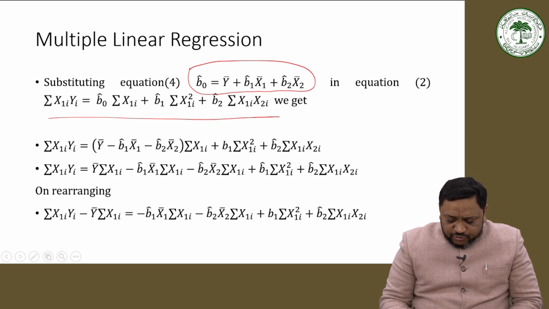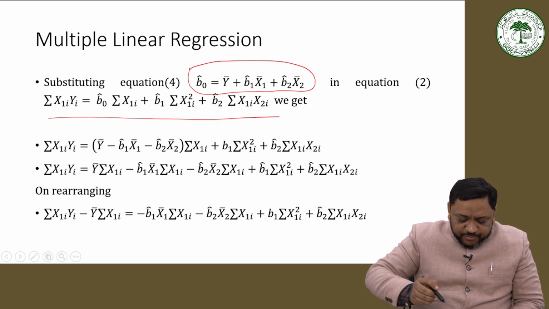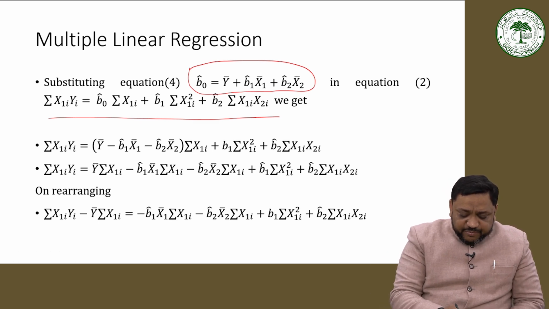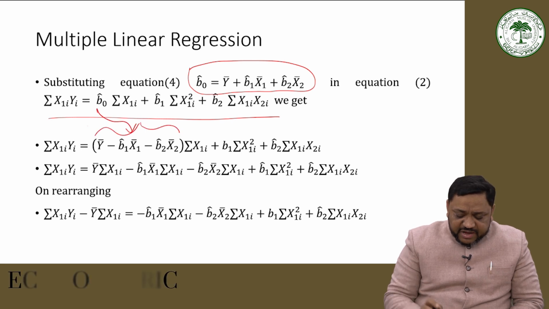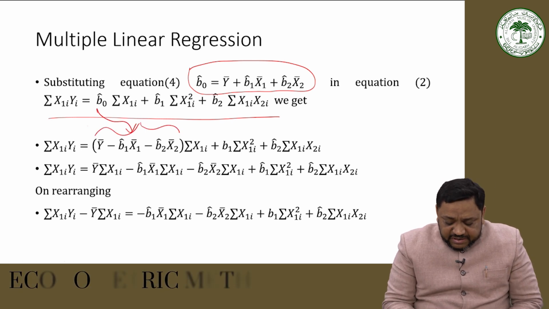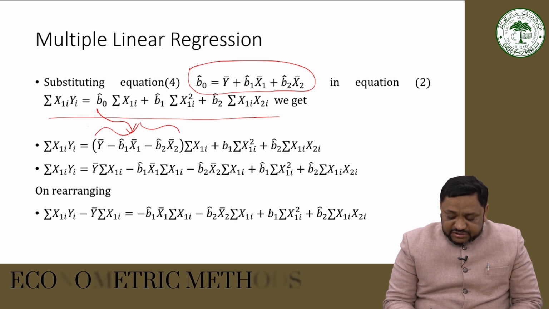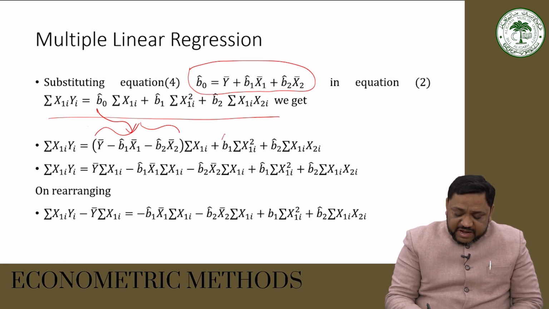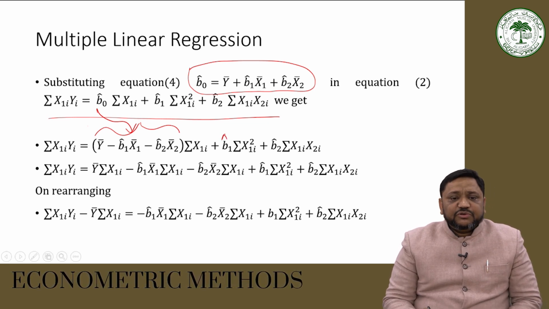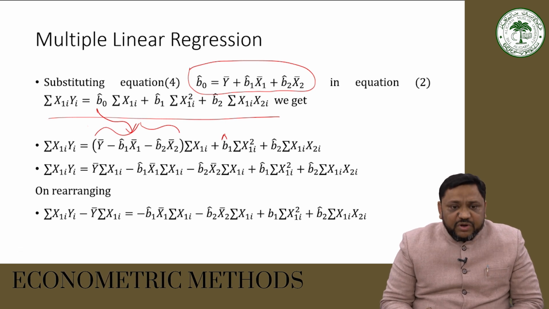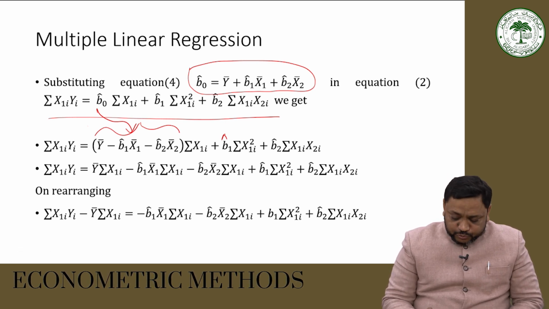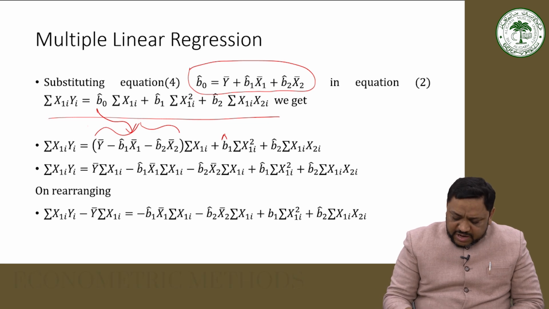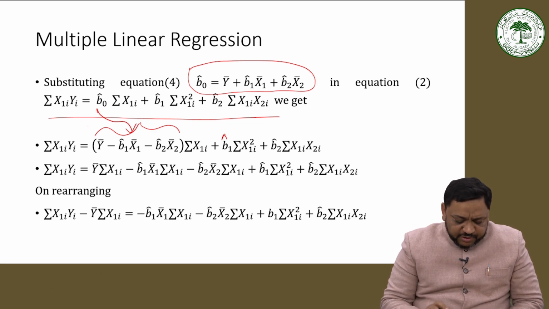So we now have to do some algebraic calculations and manipulations. We put this value instead of b naught hat, multiplied by summation x1i, plus b1 hat summation x1 square plus b2 hat summation x1 x2. I'm ignoring the items, but I indicate it will be there.